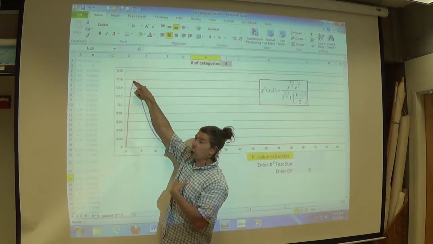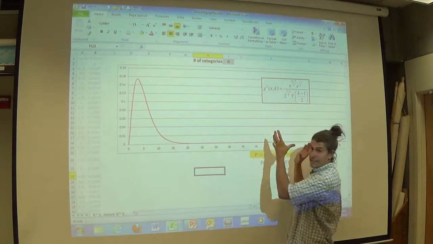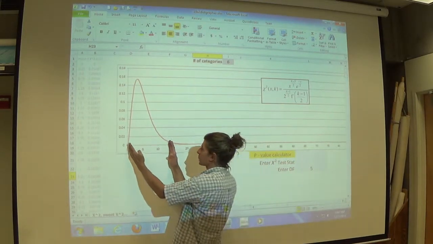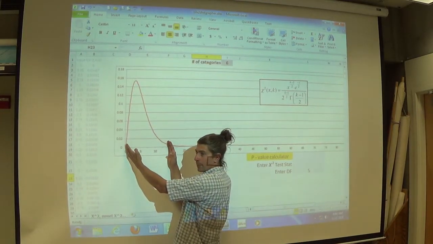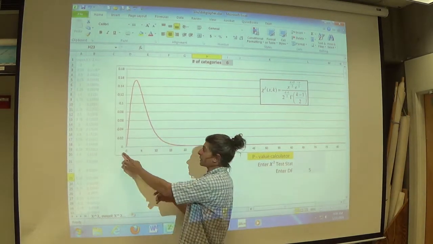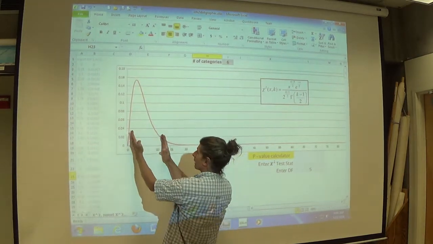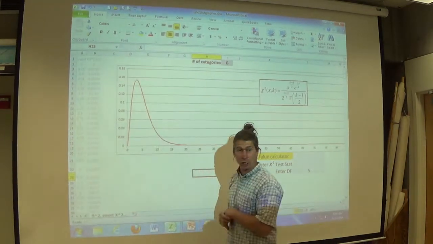The height of the curve talks about the likeliness, which means the function itself knows where the lion's share of what would happen if the randomizer was working will happen. You would expect the test statistic somewhere between 0 and 15, more likely in this chunk of region right here.